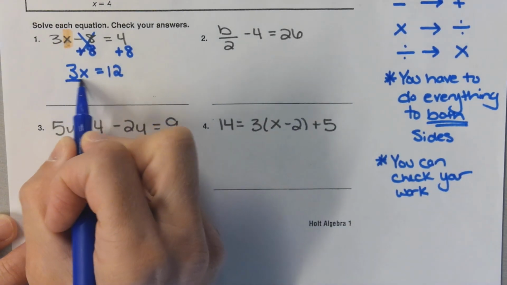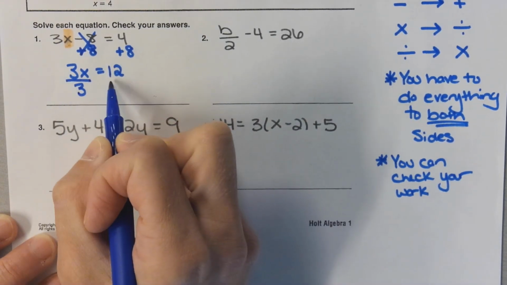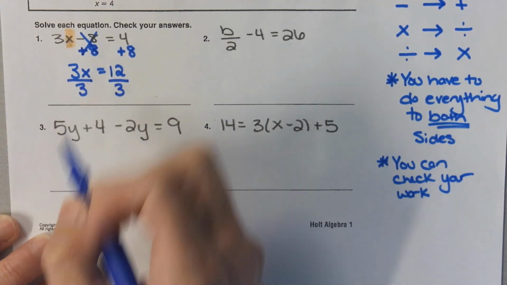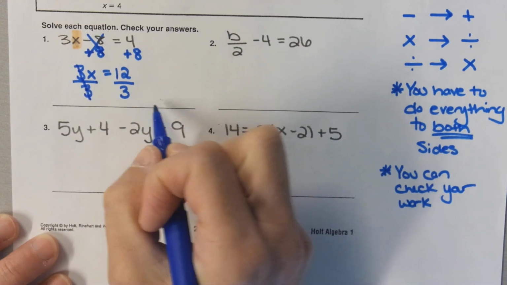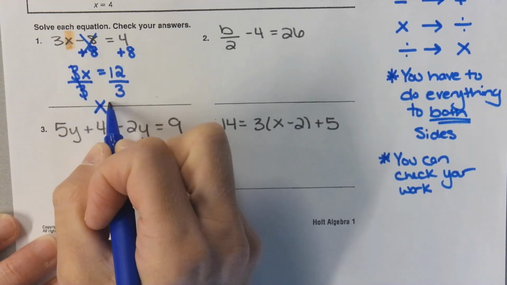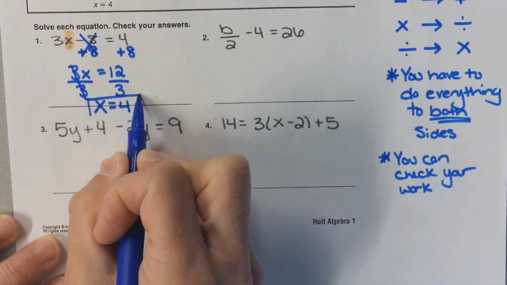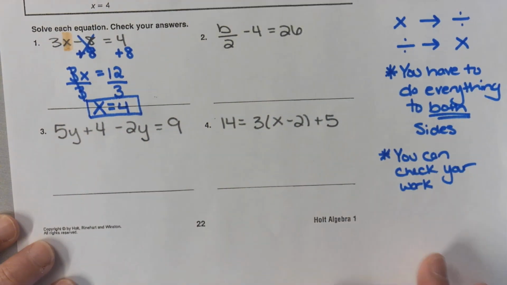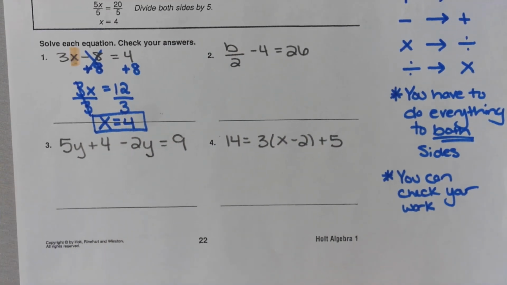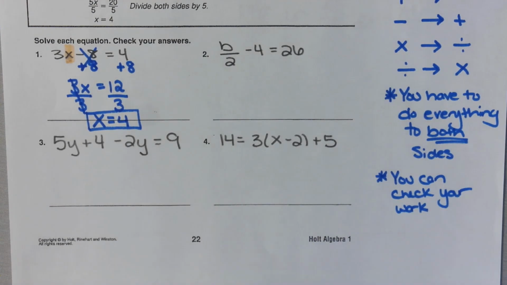So I'm going to divide away the 3. So the 3 goes away. X equals 4, because 12 divided by 3 is 4. Okay, so again, these are two-step problems because, well, 1, 2. So we're going to have a lot of problems where we're doing two different things. Some might have another step on top of that, but we'll get there.